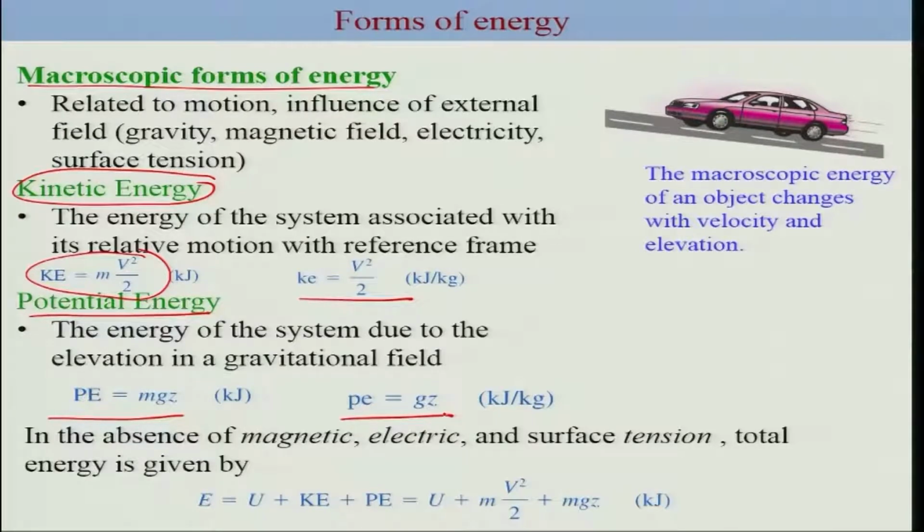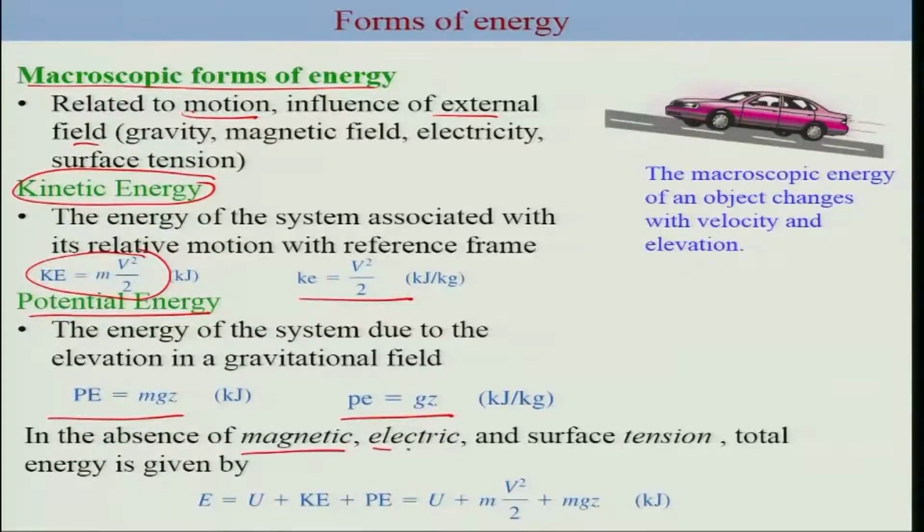So the macroscopic forms of energy are simply related to motion and influenced by the external field. That could be not just gravity when we talk about elevation, but could be magnetic, electricity, or surface tension. So if the magnetic, electrical and surface tension forces or external fields are absent, then the total energy of the system would be the internal energy, which is microscopic, plus the macroscopic ones, which are kinetic energy and potential energy. So this is the expression which you're going to write.